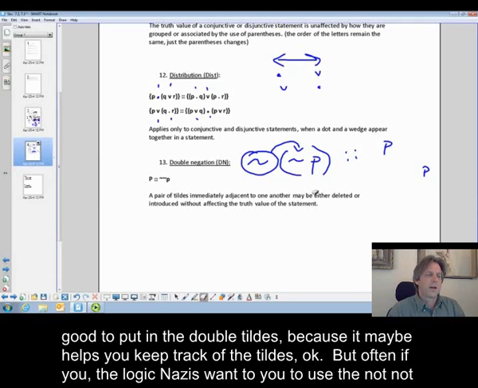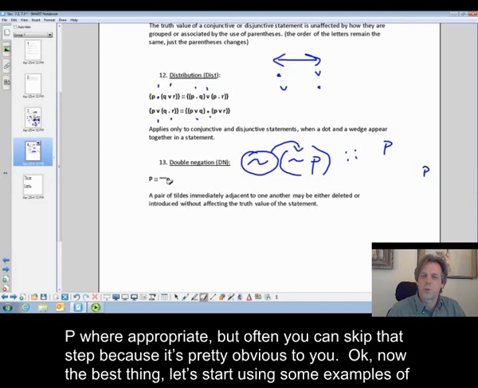But often, the logic Nazis want you to use not not P where appropriate, but often you can skip that step because it's pretty obvious to you.